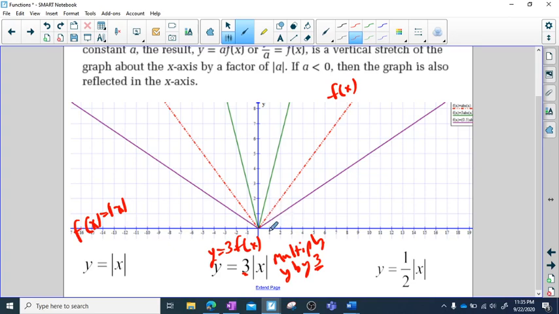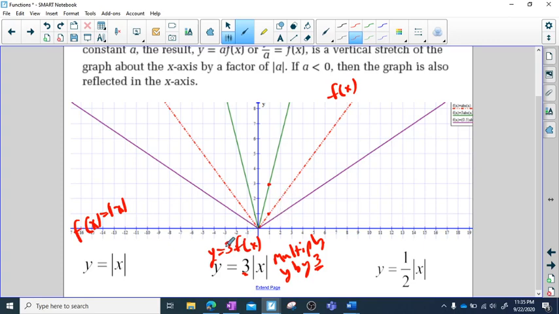So look at the red one. The red one was at 1, 1. The y value is going to get multiplied by 3. We're not going to touch the x value. So it's still going to have an x value of 1, but instead of 1, 1, now it jumped up to 1, 3. Look at 2. 2 used to be at 2, 2. So the x value was 2, and the y value was also 2.